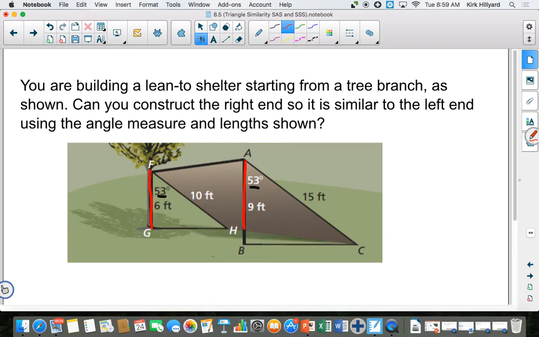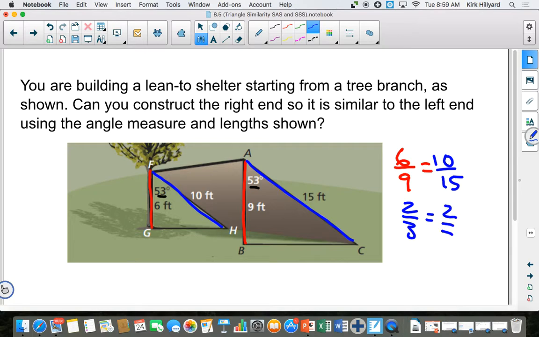So we're going to go 6 is to 9 as 10 is to 15. And we can see that those are both 2/3. So those are equal. So these two triangles are similar by side, angle, side. And we can set up a similarity statement.